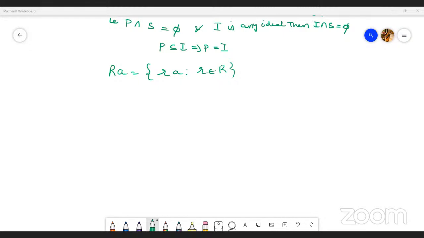Does anybody know what Zorn's lemma is? By applying Zorn's lemma, S possesses a maximal member. The class of all chains of prime ideals will have a maximal member.